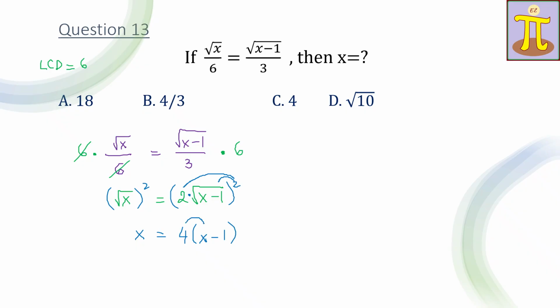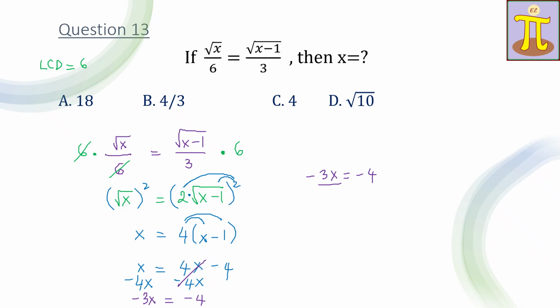Now we distribute to open the parentheses: x equals 4x minus 4. Now subtract 4x from both sides. This one is gone. You have negative 3x equals negative 4.